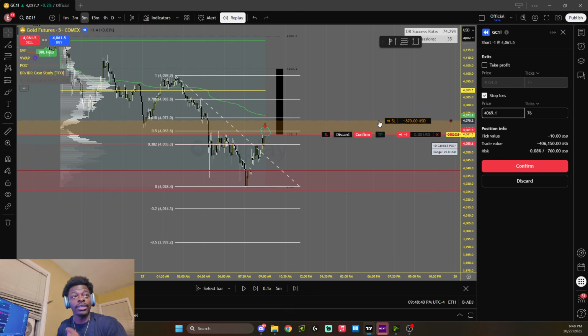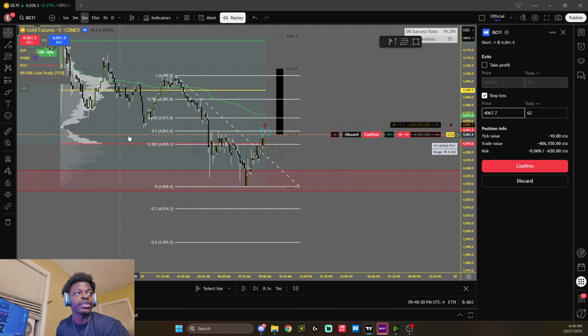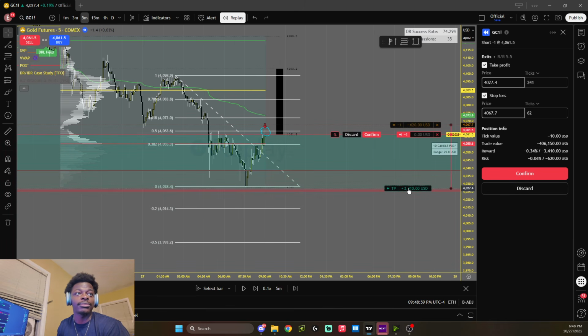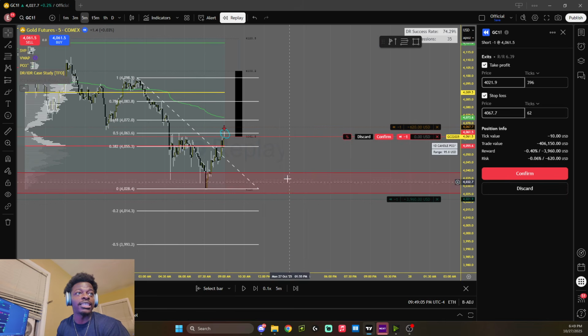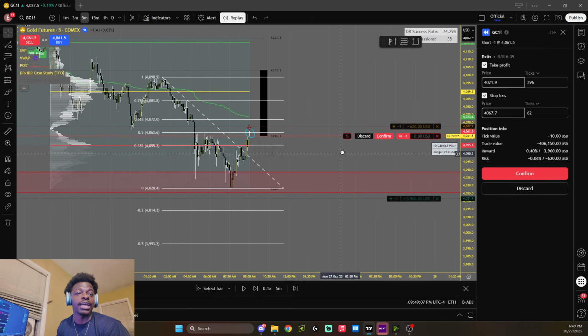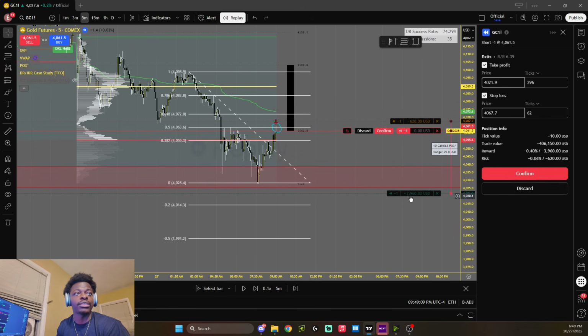Use order flow to confirm your entry, and you can easily just place your stop loss at the top of the low volume node if we were in longs at the bottom, but since these are shorts, at the top of the low volume node. Then you can either place your take profit at the lows, maybe higher, looking at other days, see what happened other days. Today I took it at this low just because I was trading evals this morning.